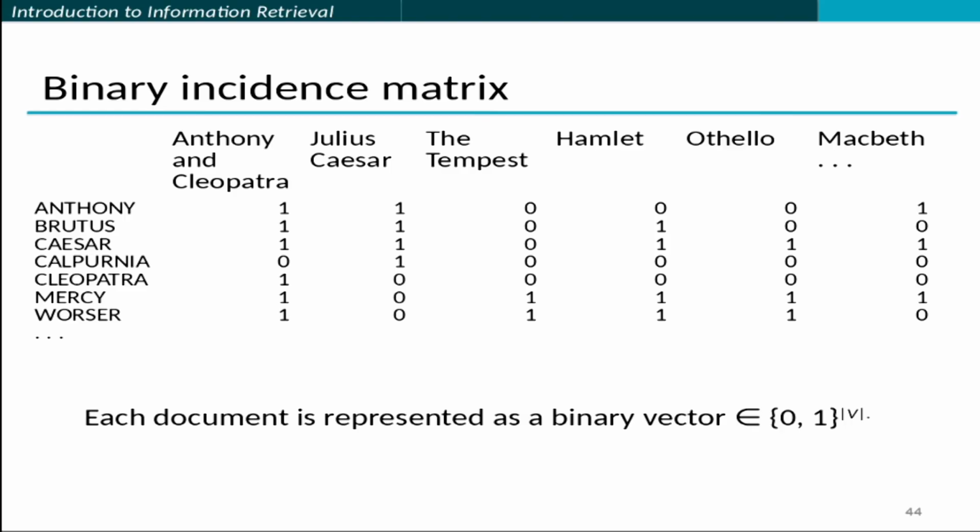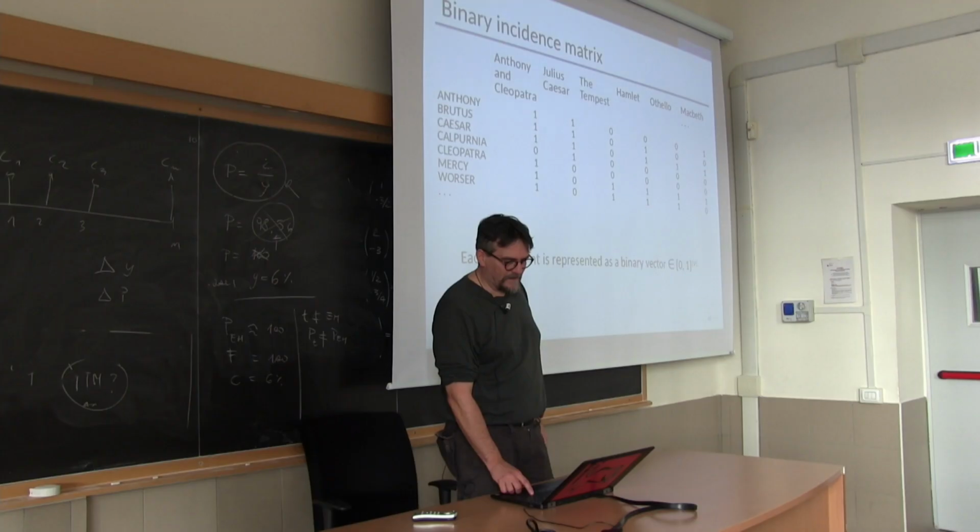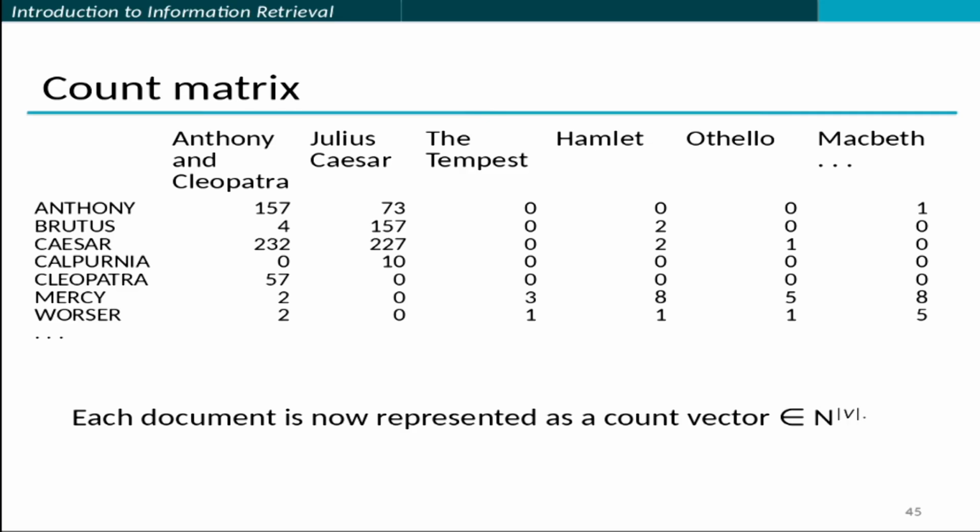Okay, again, this is the original matrix behind the Boolean model. Now, this matrix has been modified with this matrix that takes into consideration the frequency, the occurrences of the terms in a given document.